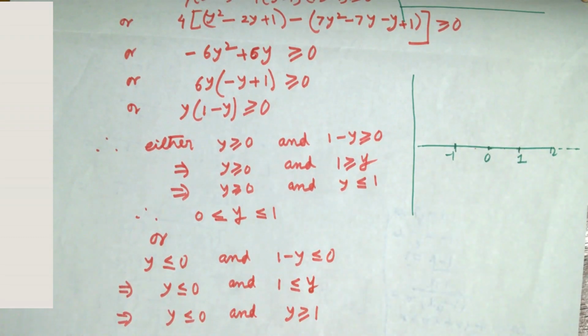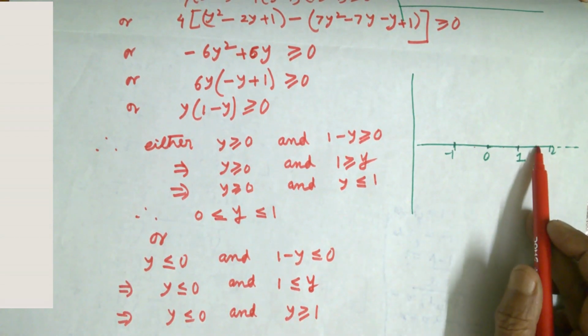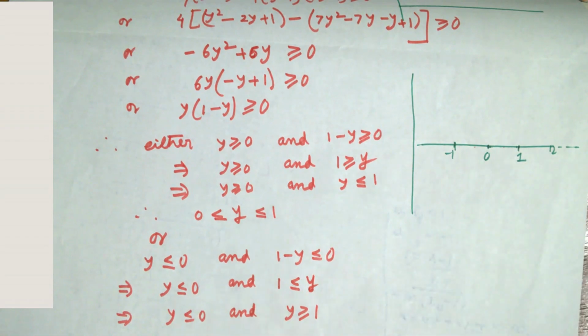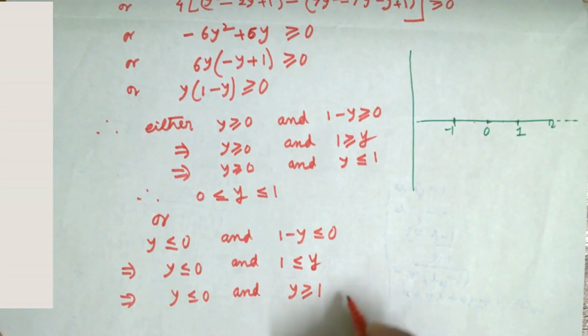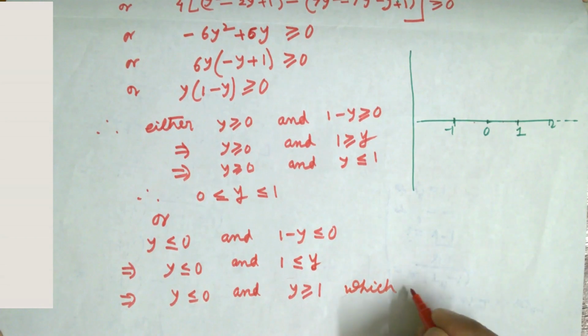That means we cannot choose a value of y that is less than or equal to 0 and also greater than or equal to 1. For a particular value of y, these two conditions cannot be satisfied. Therefore, this case is rejected, which is impossible.